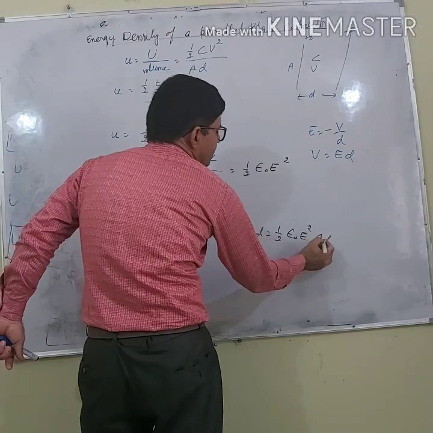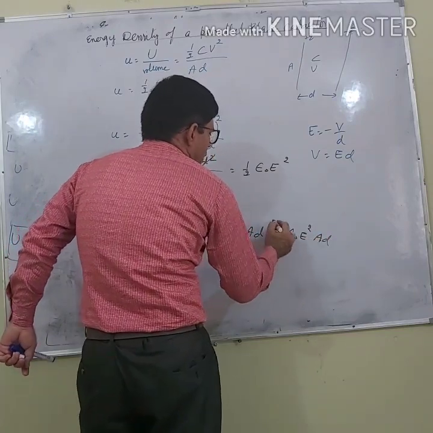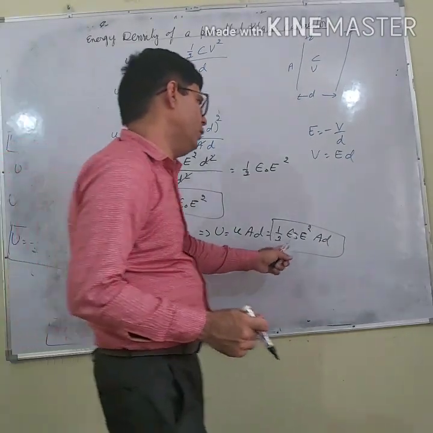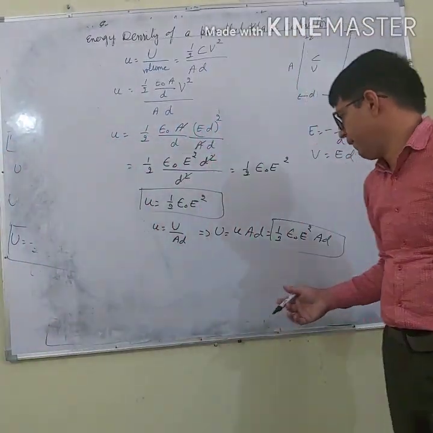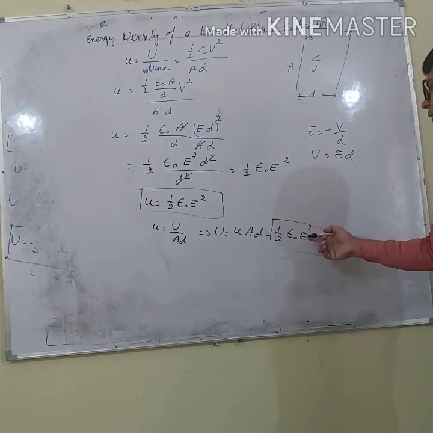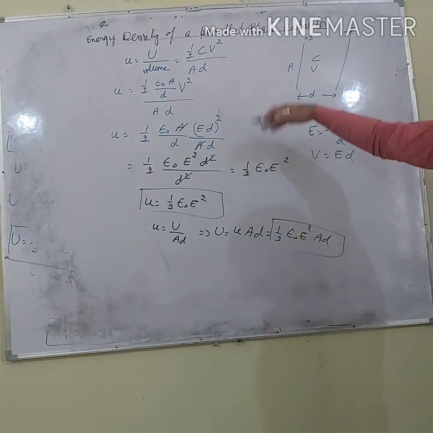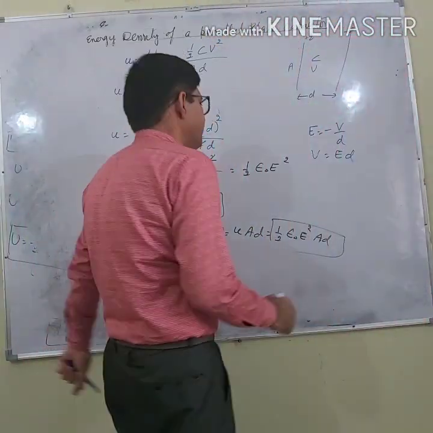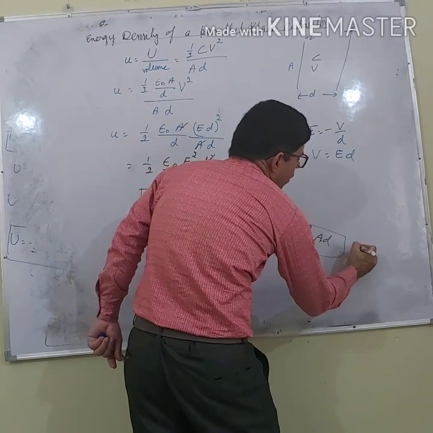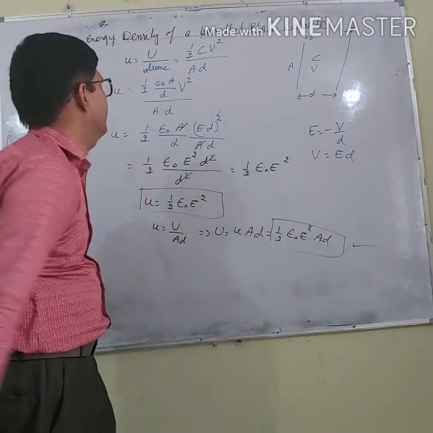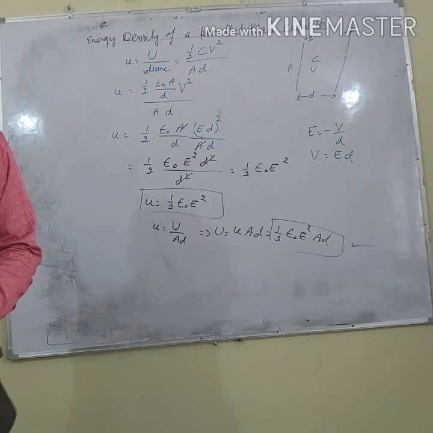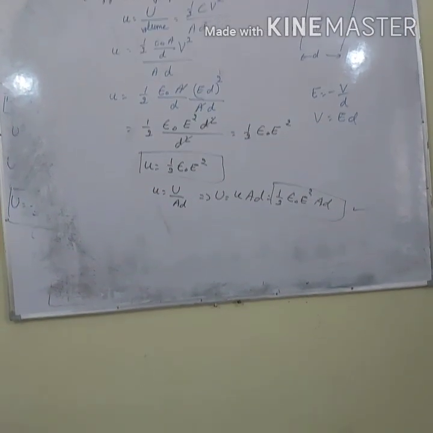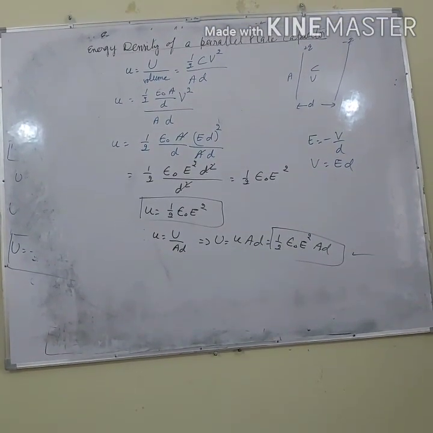This question was asked in the NEET: what is the potential energy in terms of the electric field? You can tick this choice. Though we derived the expression for a parallel plate capacitor, this expression is applicable for all capacitors. So this is the energy density.